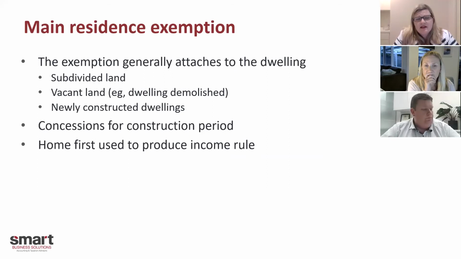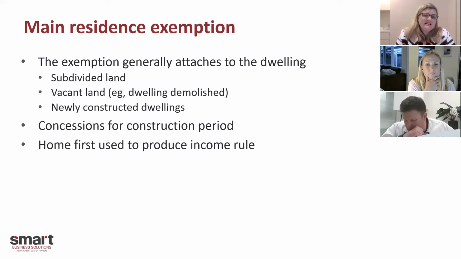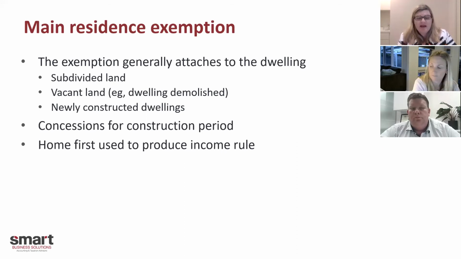I was researching this when putting the slides together and even found some cases where dwellings were demolished just before the sale, and it was the main residence, then sold as vacant land, and the ATO denied that it was main residence. They said, no, you didn't sell a house, you actually sold land. So the main residence is linked to the fact that there's a house on it. So you probably need to leave a little something on it, a house on it.